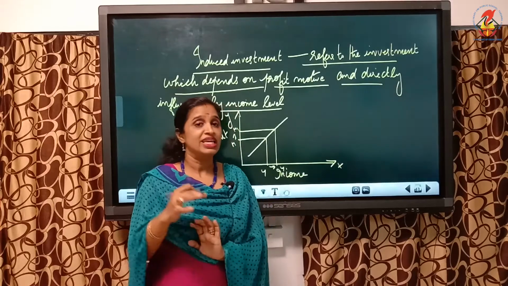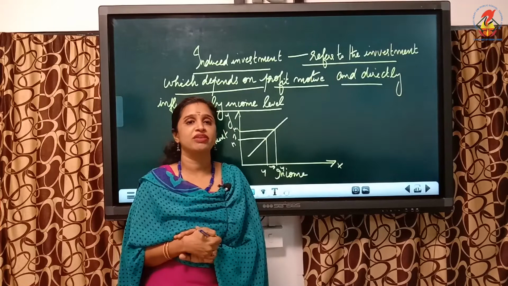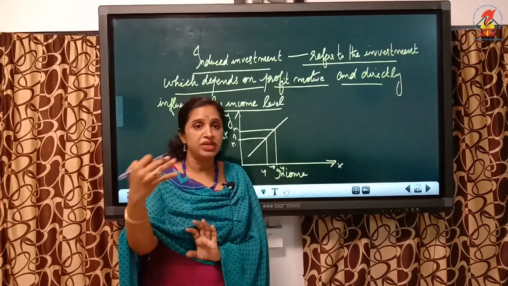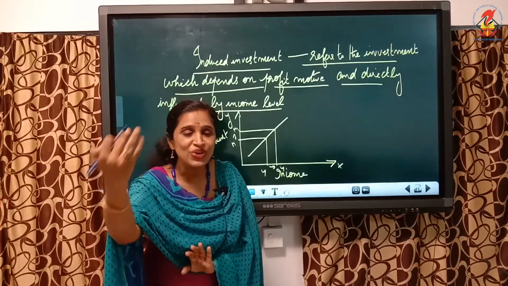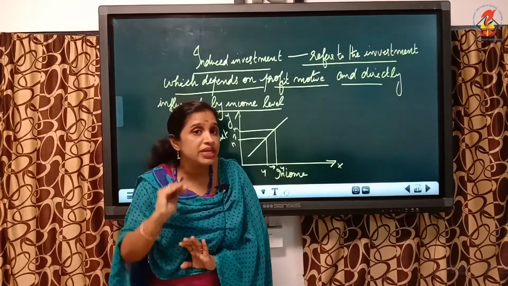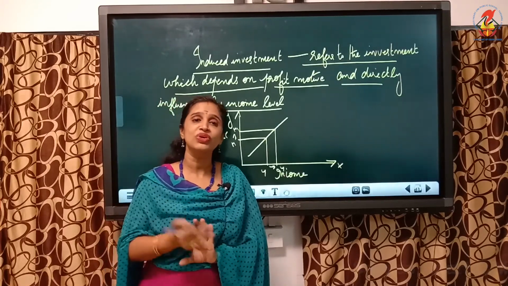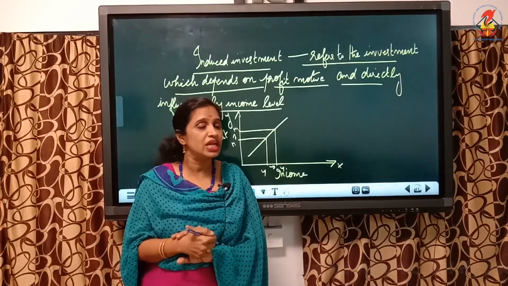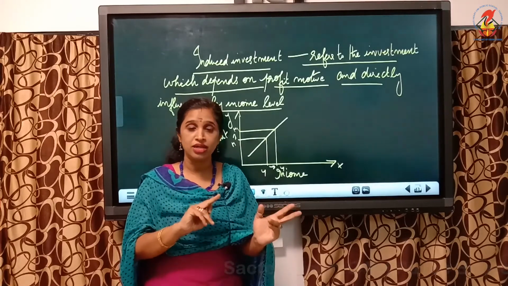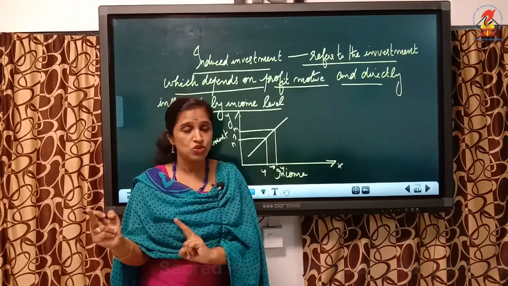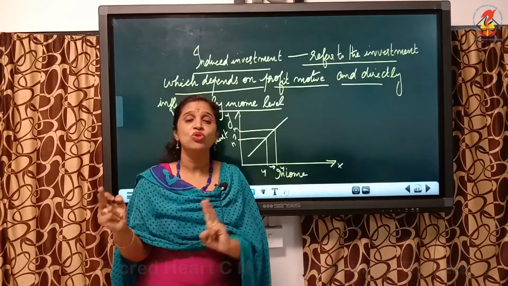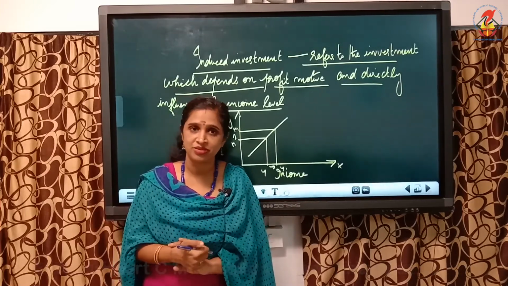What is meant by directly influenced by the level of income? When the income increases, investment also increases. When the income decreases, investment also decreases. There is a positive relationship between income and investment. So if you are drawing a curve, what type of curve will you get?